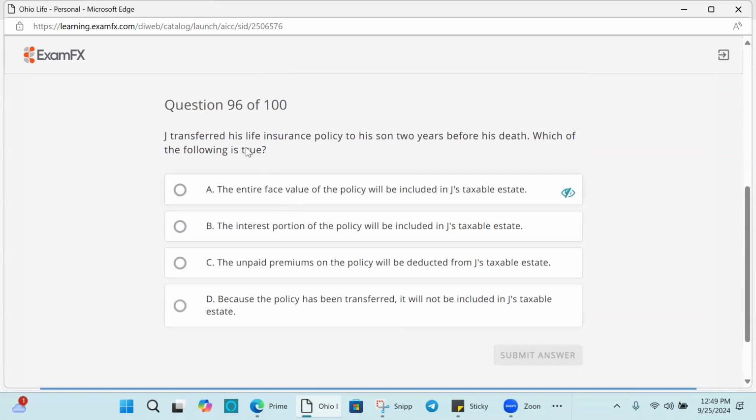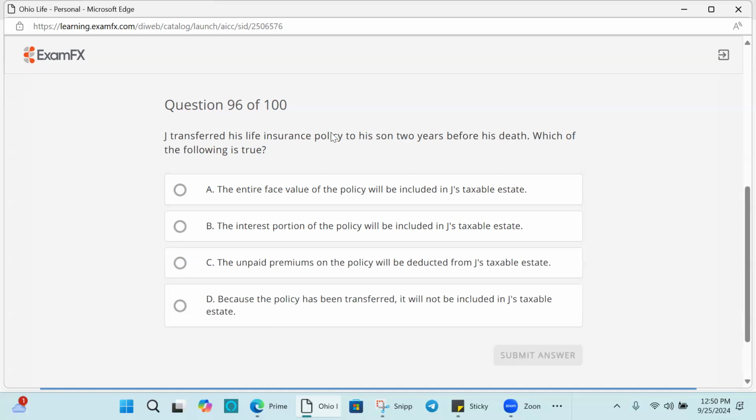Jay transferred his life insurance policy to his son 2 years before his death. Which of the following is true? The entire face value of the policy would be included in Jay's taxable estate. Does that mean Jay does not have coverage anymore?